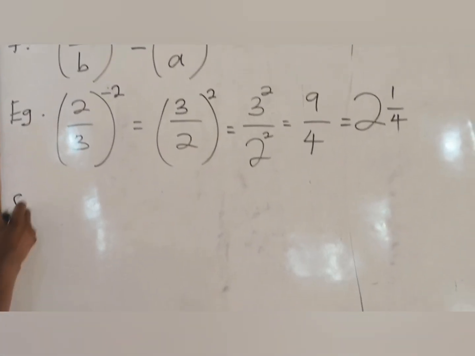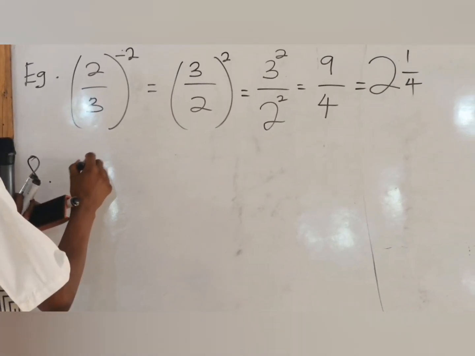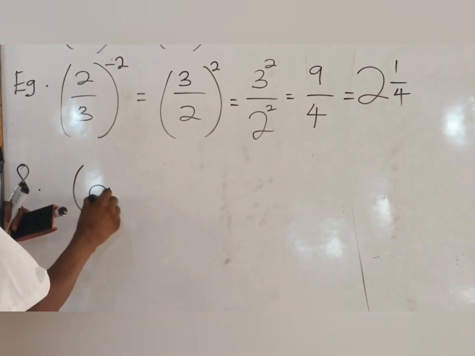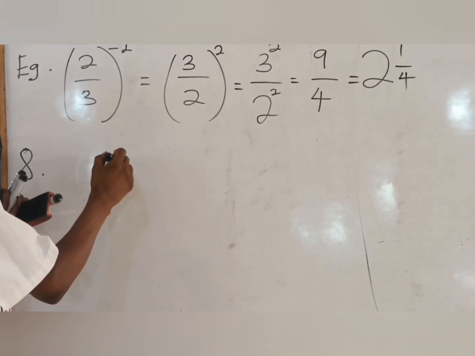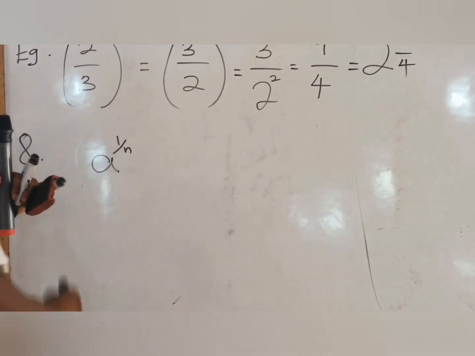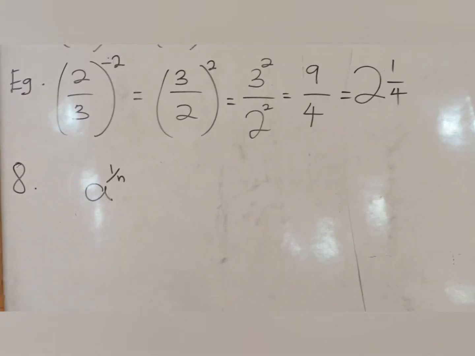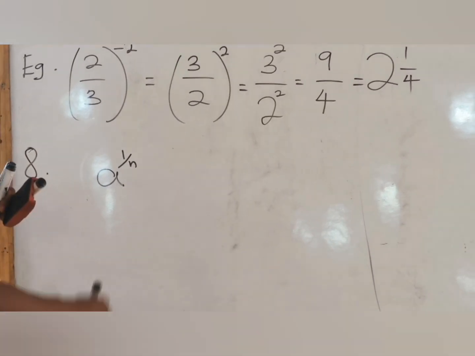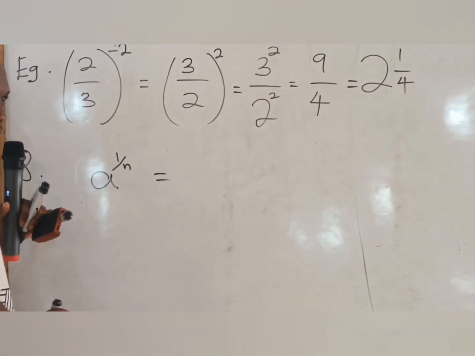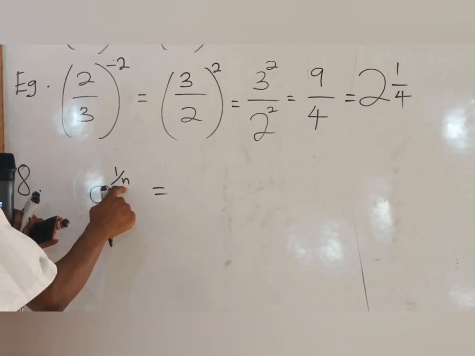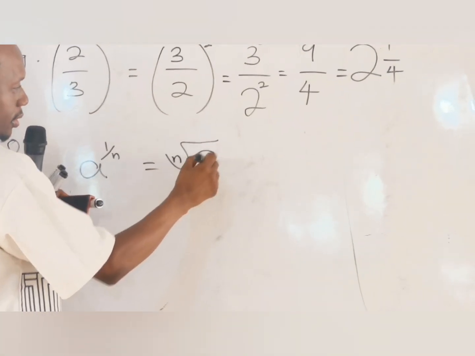So the root. If you have a to the power 1 over any number other than 1 or 0, it is the same as that root of the number. So the denominator is n, so it is the nth root of a.